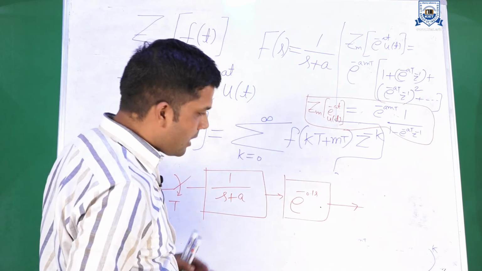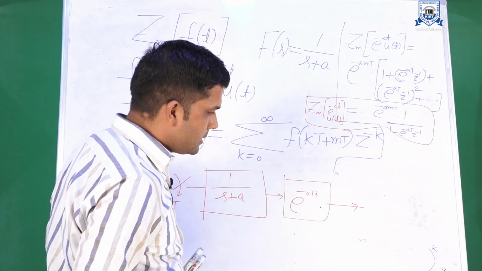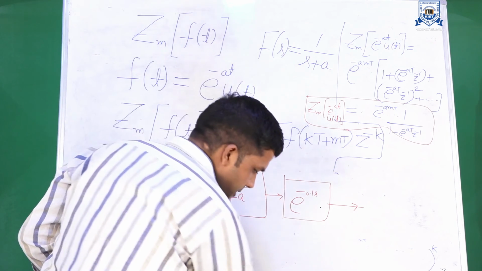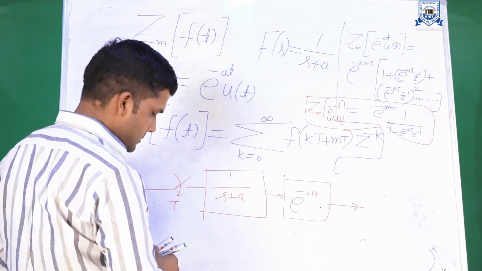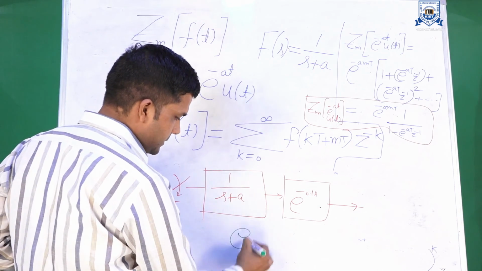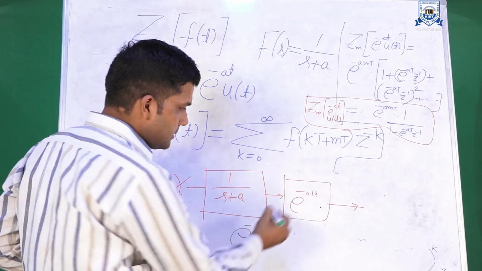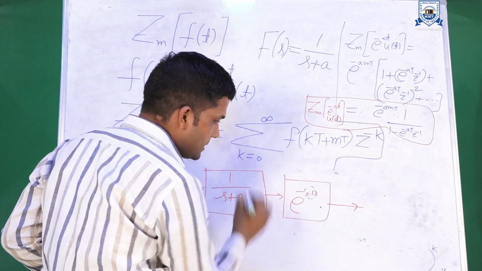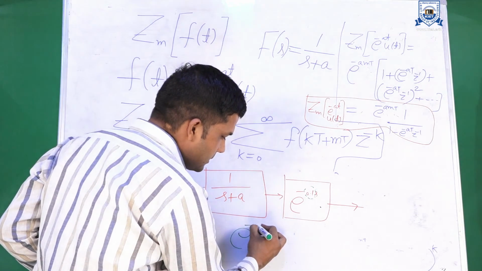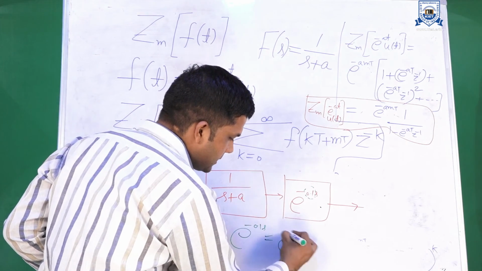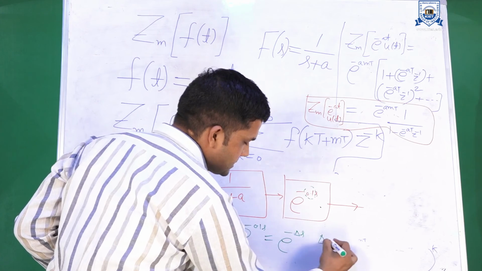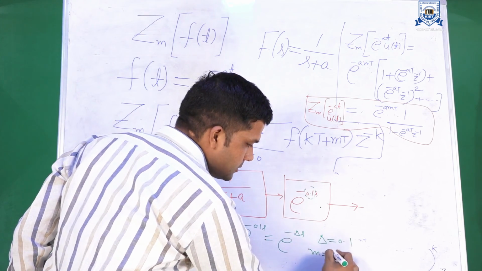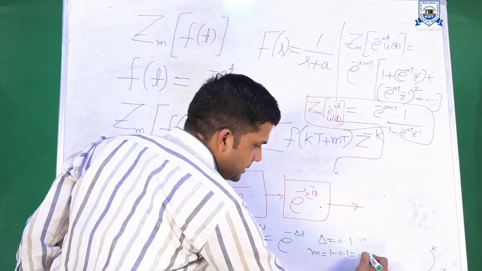How to recognize whether this is delay or advance? If power of exponential is negative, e to the power minus, then it is written as delay. So this is delay, and what is the value of delay? e to the power minus delta s, and delta is 0.1, and m will be equal to 1 minus 0.1 is equal to 0.9.